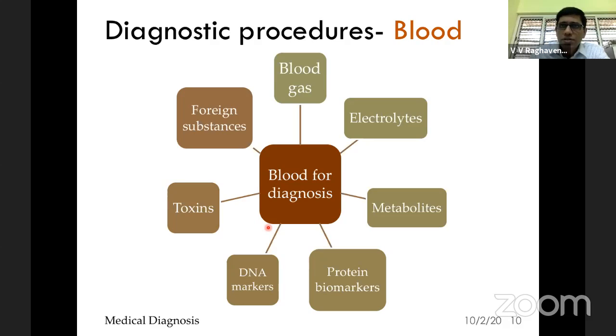Okay, for example, if the inflammation is in the heart muscle, then what would you do? That is a big question, right? So for that reason, people have started looking at particular biomarkers, particular proteins that are very specific to a disease condition. For example, if there is heart muscle damage, there is something called cardiac troponin 1.